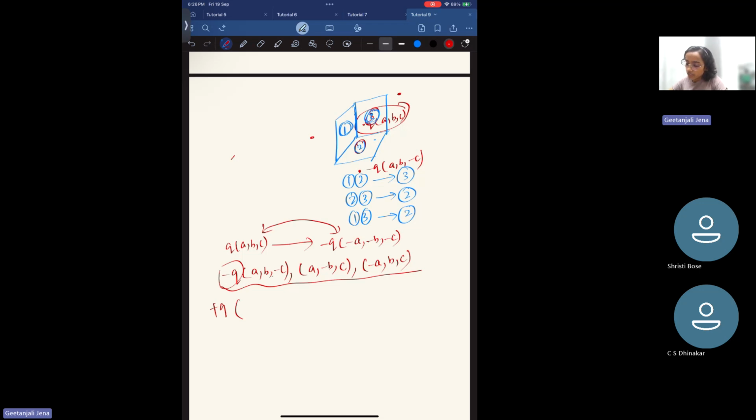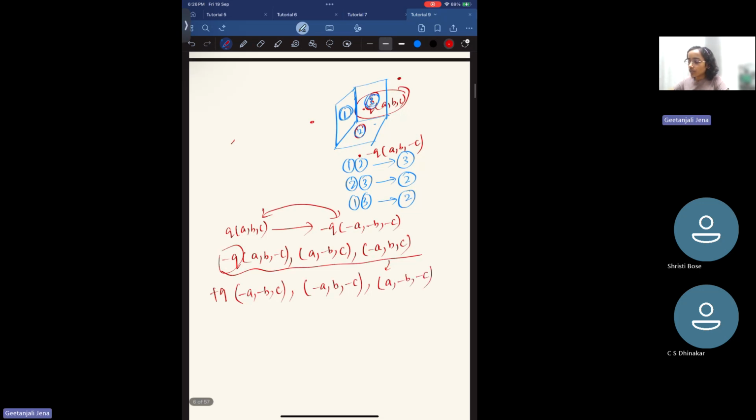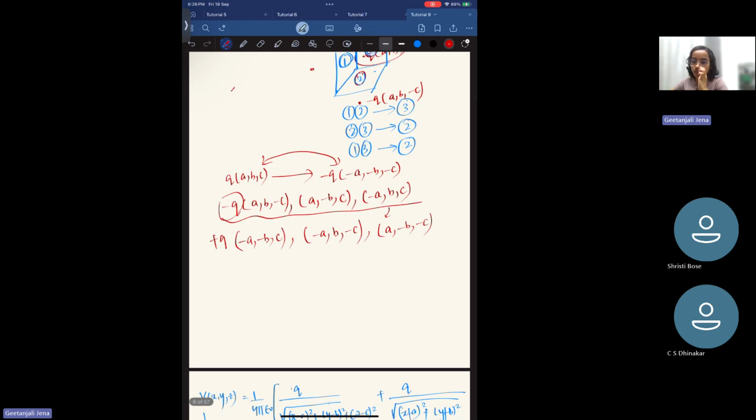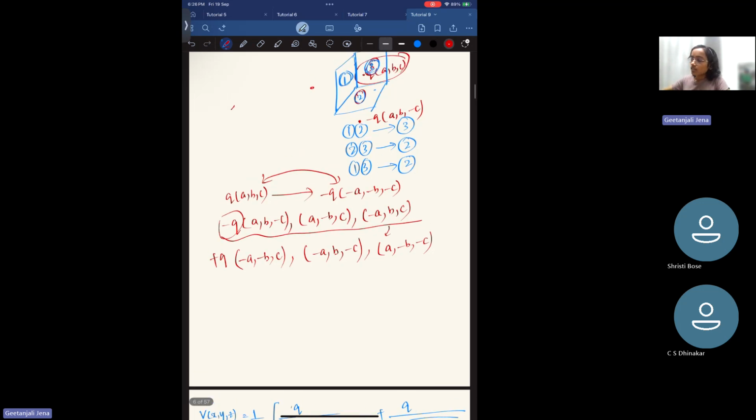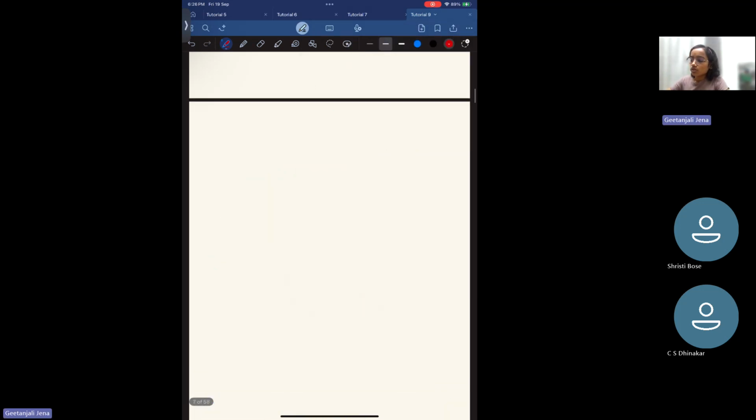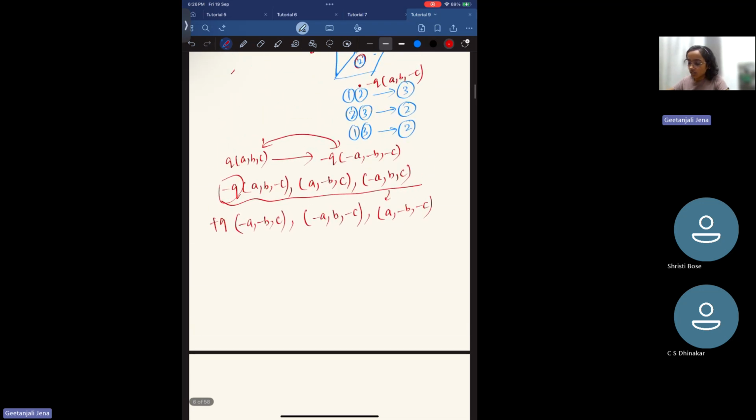Like if it is A, B, minus C, put it at minus A, minus B, C. Similarly, put plus Q at the other locations, such as A, minus B, minus C. Now you know the coordinates of all the 7 charges.